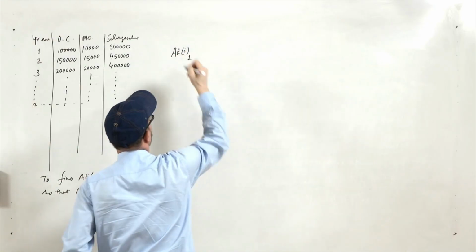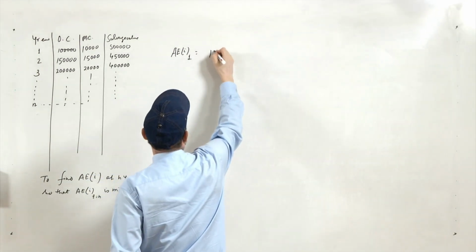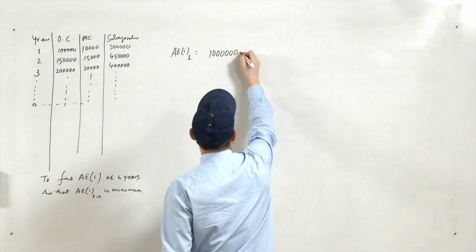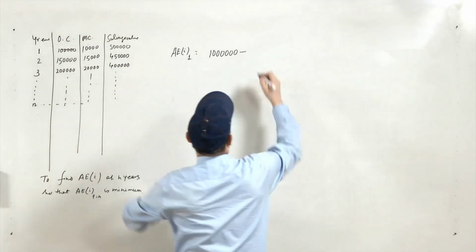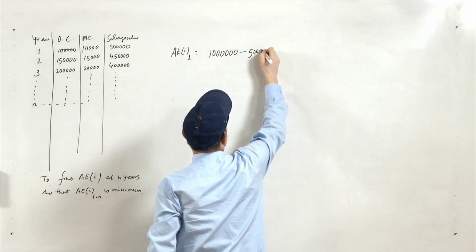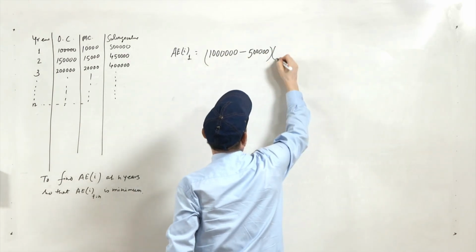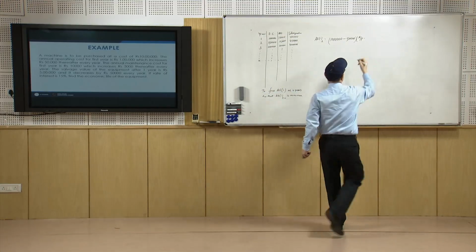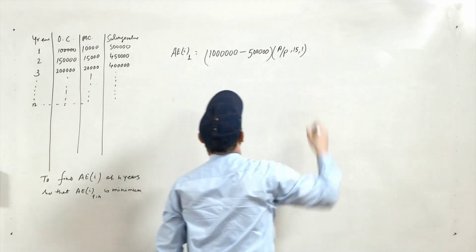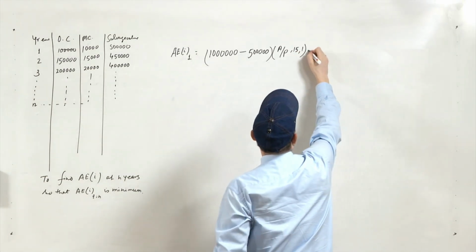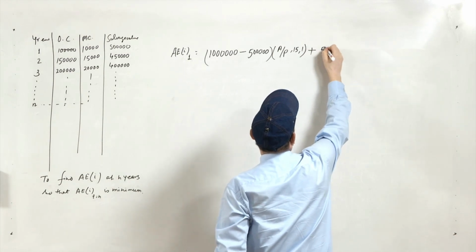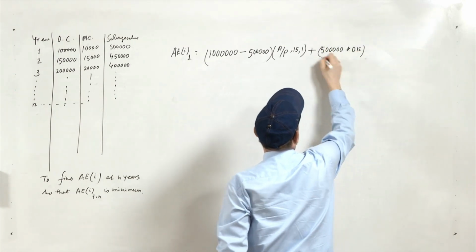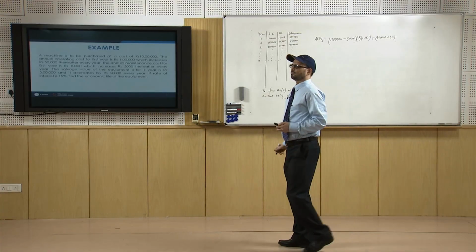If we use it for 1 year, the first cost is 10 lakh minus the salvage value during the first year, which is 5 lakh, times A by P, i, 1. Here i is given as the rate of interest, 15%, plus 5 lakh multiplied by 0.15. This is the capital recovery with return part.